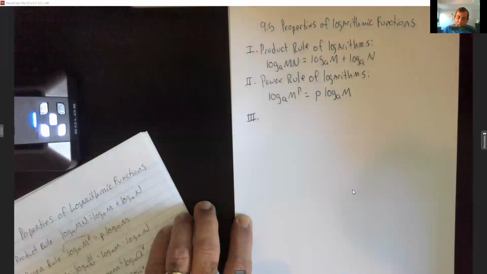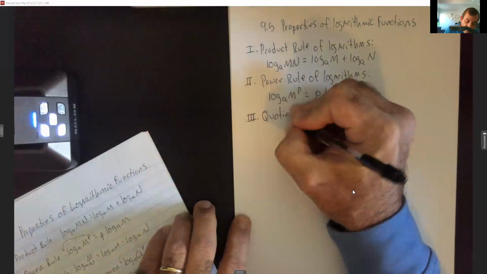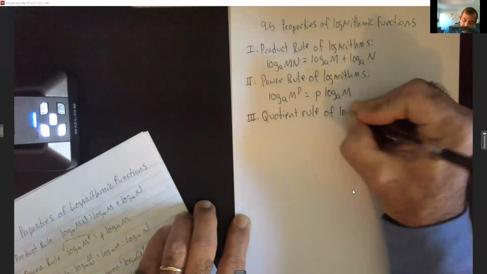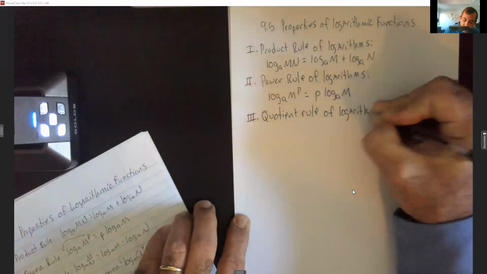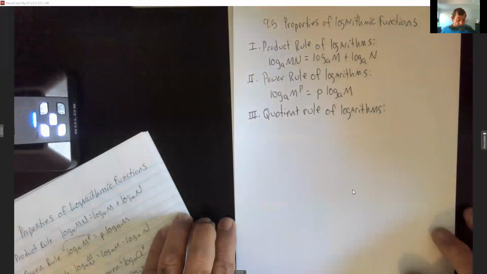All right, next we got our quotient rule of logarithms. So the quotient rule deals with division.